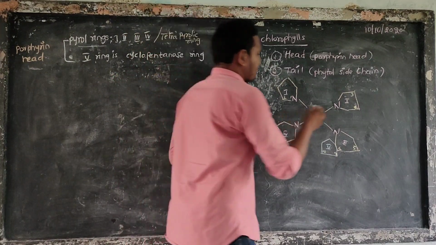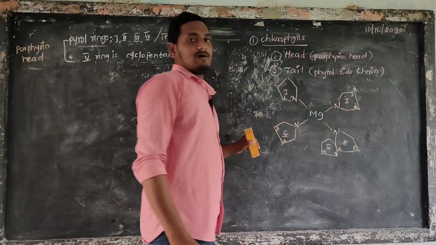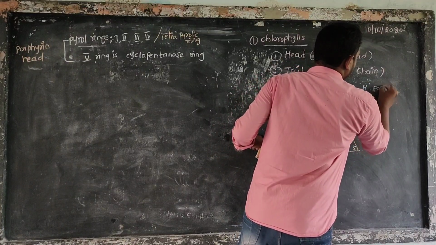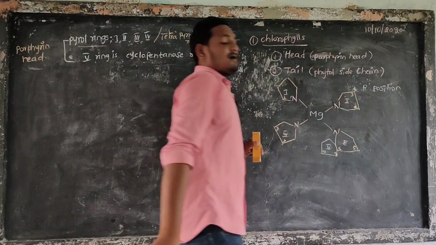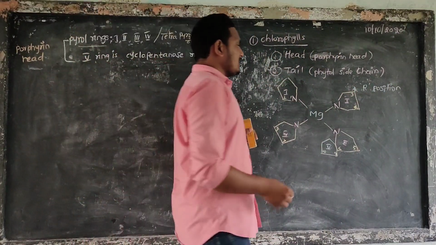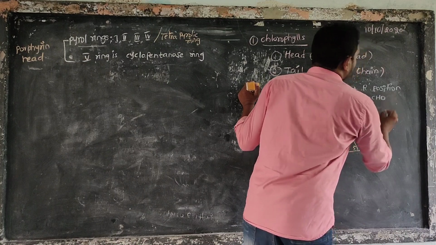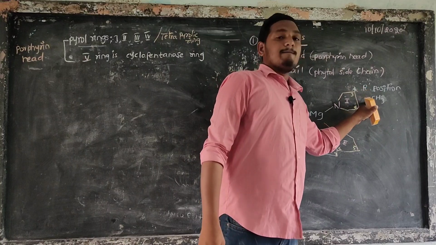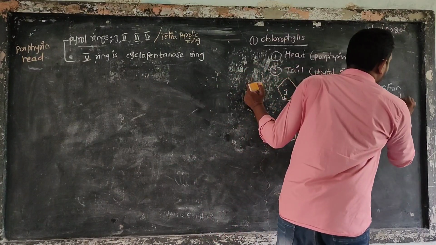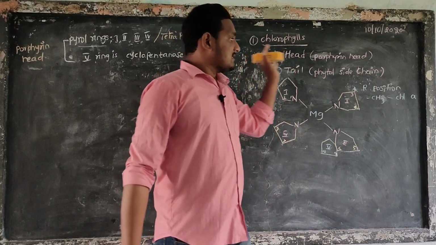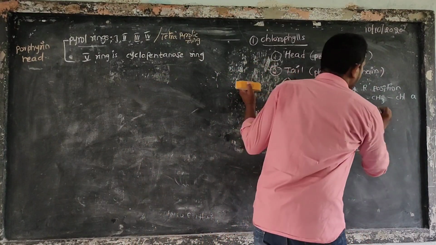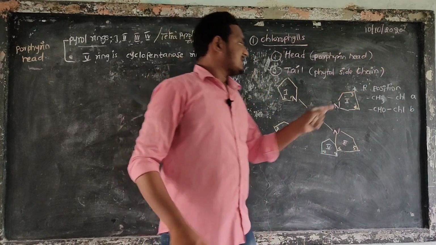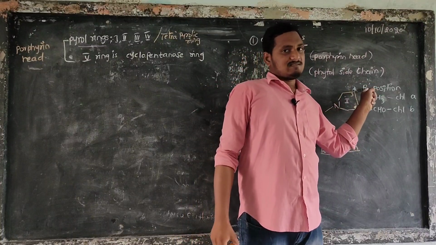At the third carbon, the R position is attached, and this R position has a methyl group in chlorophyll A, and the R position contains an aldehyde group in chlorophyll B. So, at the third carbon, the R position is there.